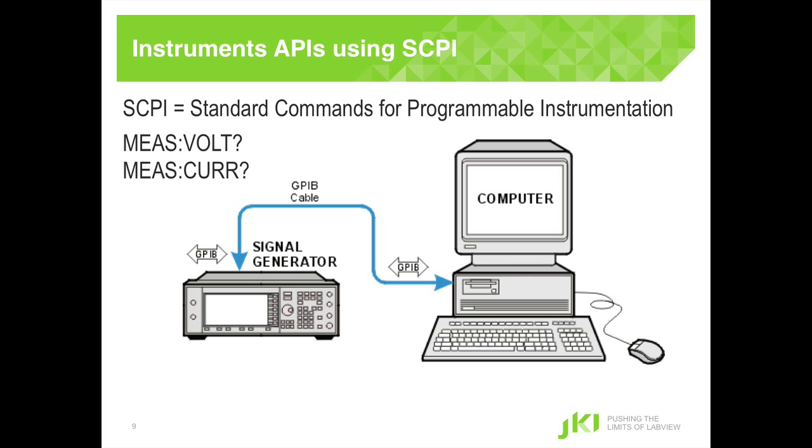So over this GPIB cable, the computer using maybe a text-based BASIC environment, HP BASIC, whatever that is, would send commands down here like measure the voltage, and then the instrument would say, okay, the voltage is 1.2 volts, or you could measure the current.